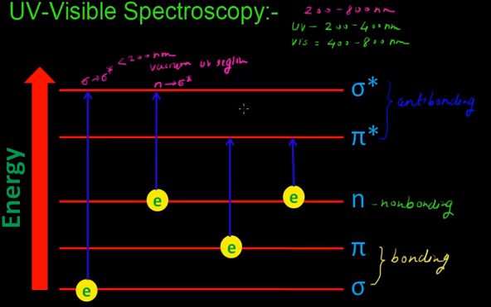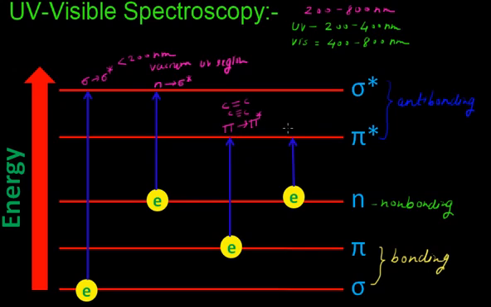We then have the pi to pi star transition, for molecules which contain carbon-carbon double bonds or carbon-carbon triple bonds.